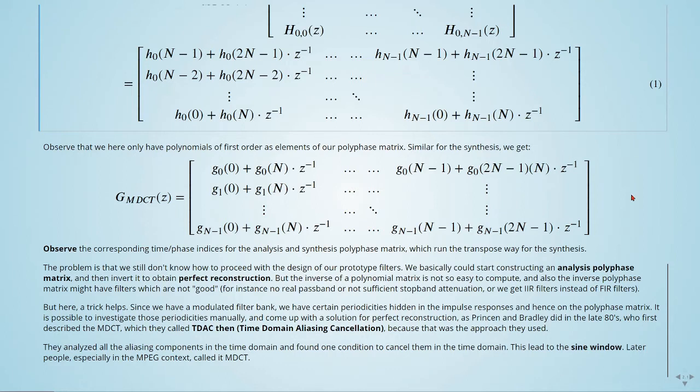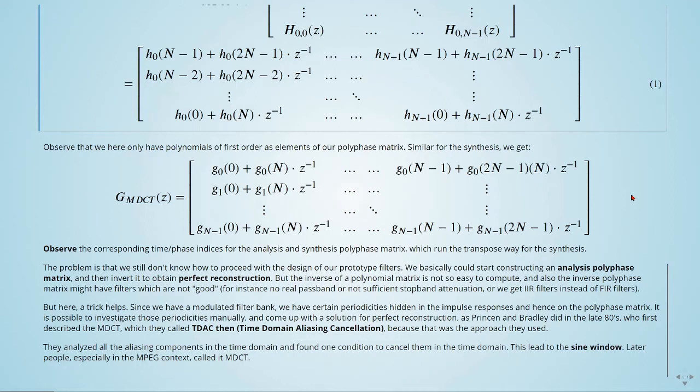Since we have a modulated filter bank, we have certain periodicities hidden in the impulse response and hence in the polyphase matrix. It is possible to investigate those periodicities manually and come up with a solution for perfect reconstruction.